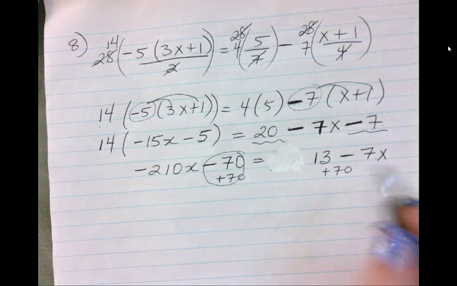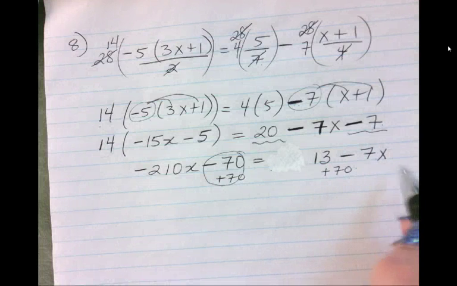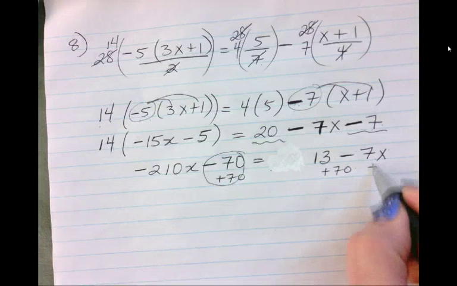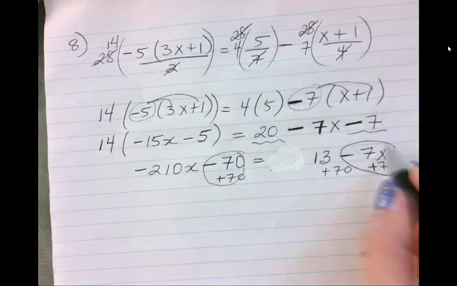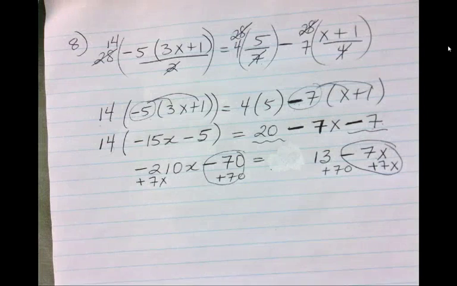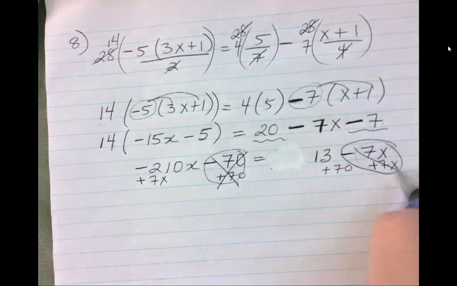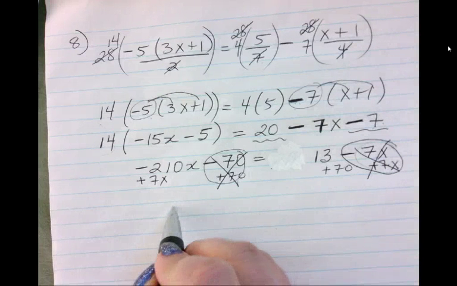Now what about this side? What do I need to move over onto the other side? The 7x, so I can add 7x on both sides. I have to do it here too. This makes a 0, so this is now gone. It's disappeared. It's become 0.